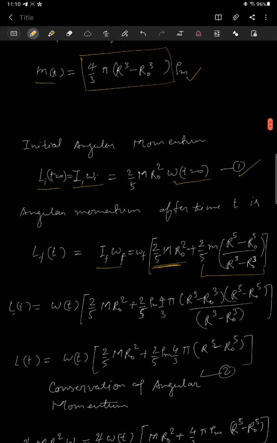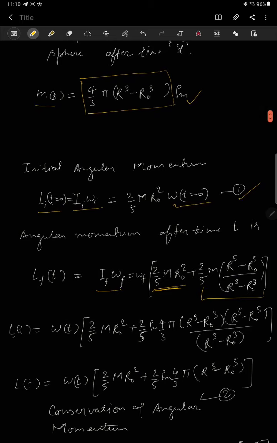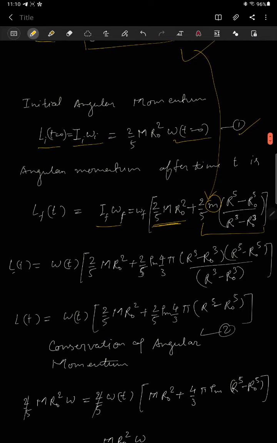The mass here is the mass of the moisture which I calculated above. We put that here, and this is the angular momentum of the composite system after time t.